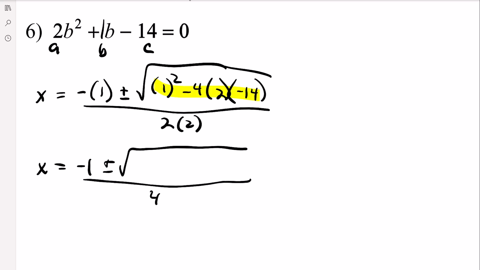So under here, 1 squared is 1. 4 times 2 is 8. 8 times negative 14 is negative 112. Well, 1 subtract negative 112 is 1 plus 112, so that's 113.